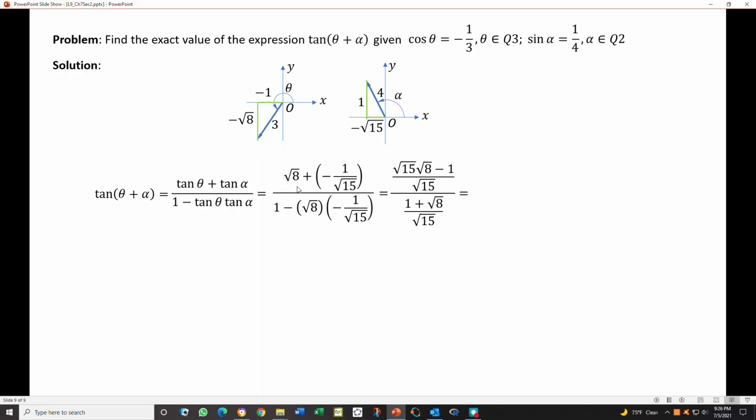Are you okay with this? Square root of 8 over 1. And so that just simply becomes square root of 15 times square root of 8 minus 1 over square root of 15. Similarly, 1 plus square root of 8 over square root of 15. Oh, goofed.